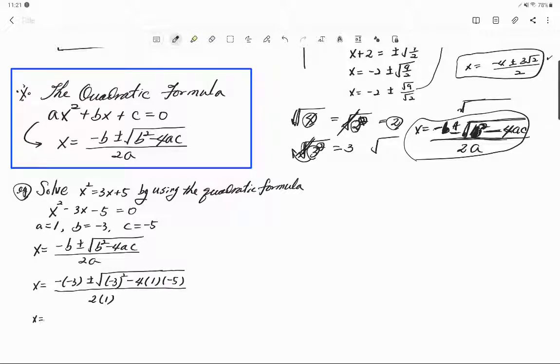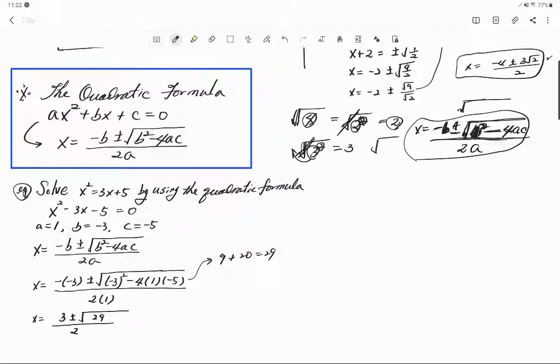From this, we can find x. So this is 3 plus or minus square root of, okay, let's simplify this. The inside of this square root symbol is 9 plus 20, right? That is 29. So that is square root of 29 over 2.